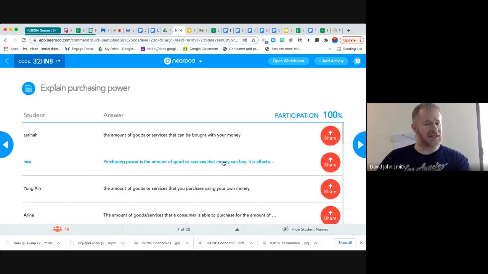It's the same with purchasing power. The faster the rate of inflation, the bigger the impact on your purchasing power, and obviously vice versa for deflation. So when inflation increases rapidly, that purchasing power effect is going to be pretty drastic.